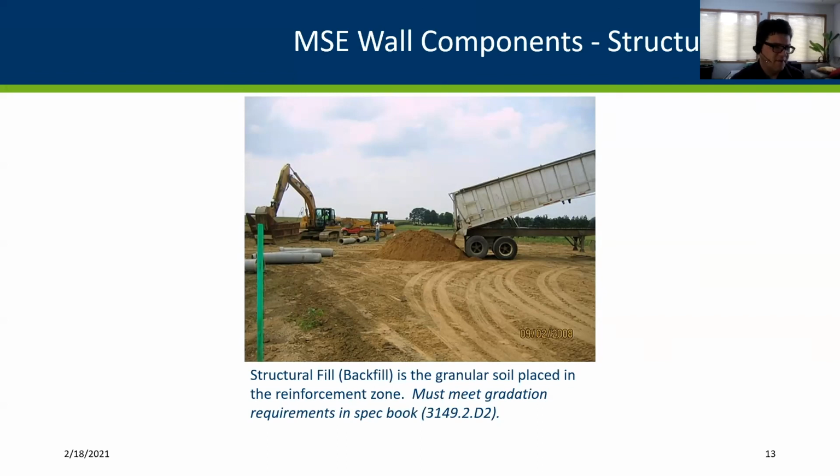That's the same type of fill you're going to see. These walls have an additional requirement to make sure the pH isn't so high that it'll damage the reinforcement, or too low that it'll damage the reinforcement. So that pH requirement is there for the longevity of the wall. But this is by far the most important piece of this construction.